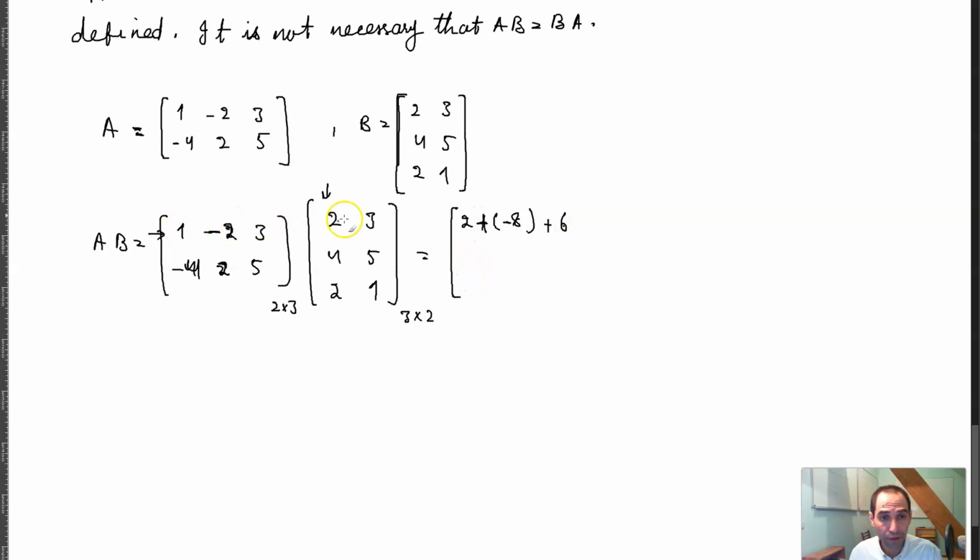Then this row times this column: 1 times 3 is equal to 3, -2 times 5 is equal to 10, and 3 times 1 is equal to 3.